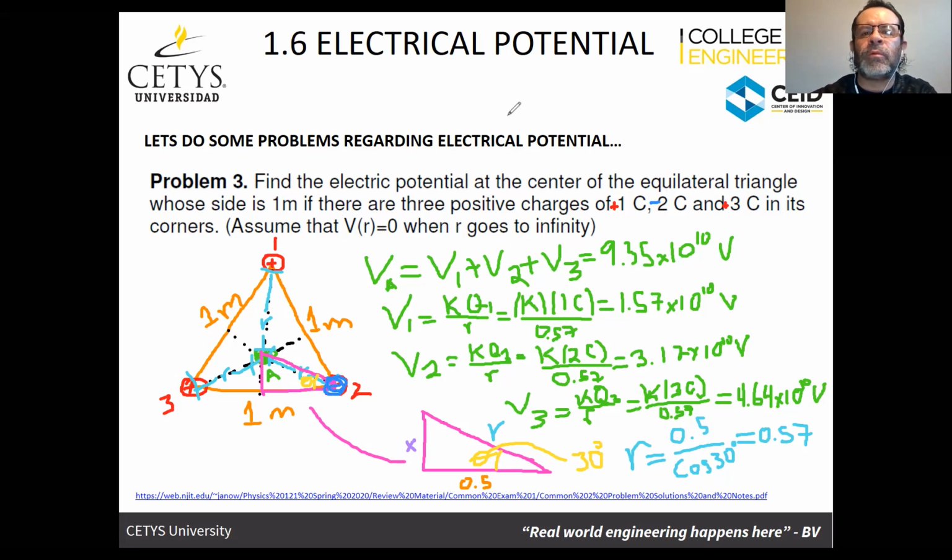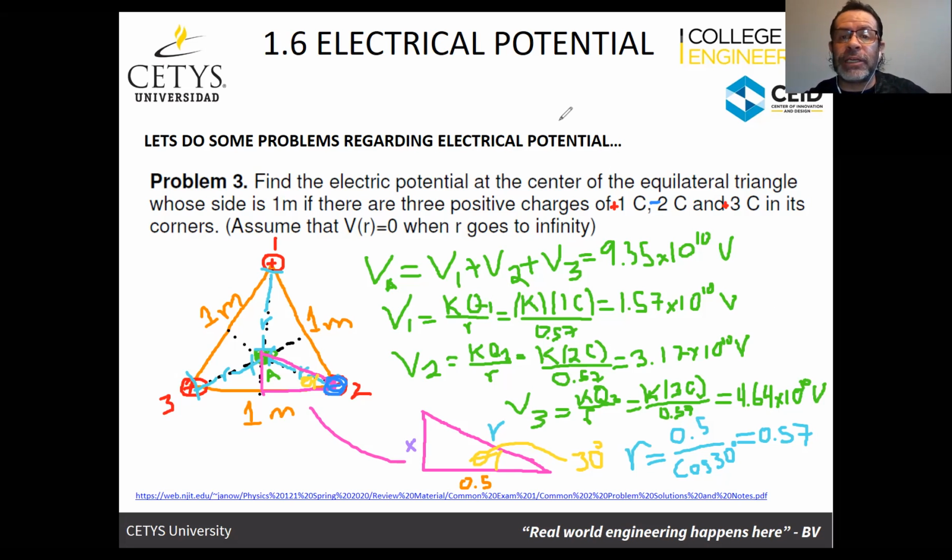And what would happen with the calculations? Well, remember, the positive charges are going to contribute. The negative charges are going to detract from the potential energy. So what would happen here is that the three calculations would be exactly the same.